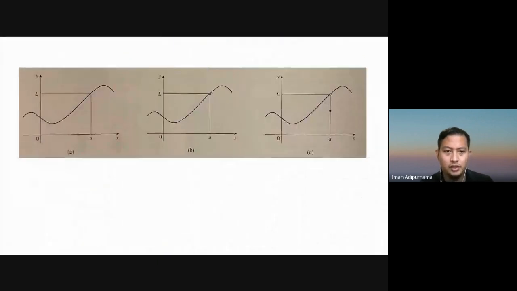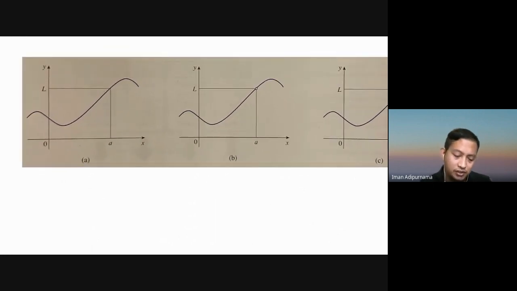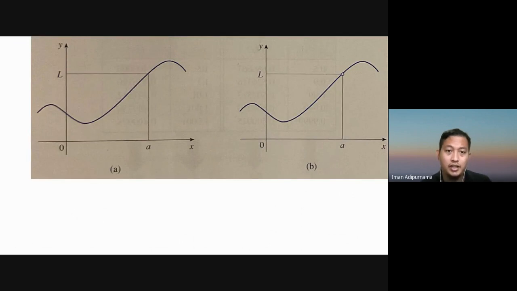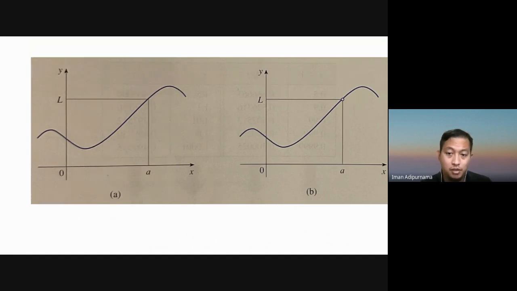Here I have 3 different graphs. Actually, it's the same graph with some exceptions at number A. If you look here, we are just looking at a really smooth graph without any problem, without any defect, without any discontinuity.